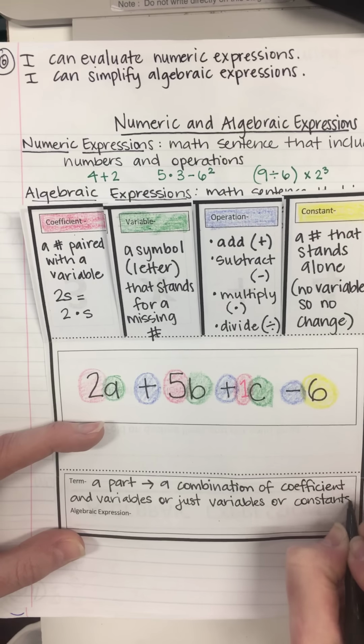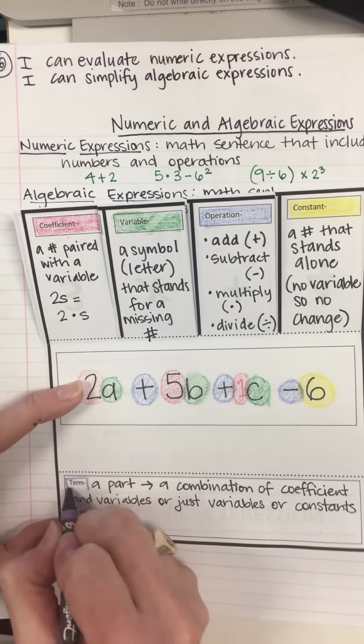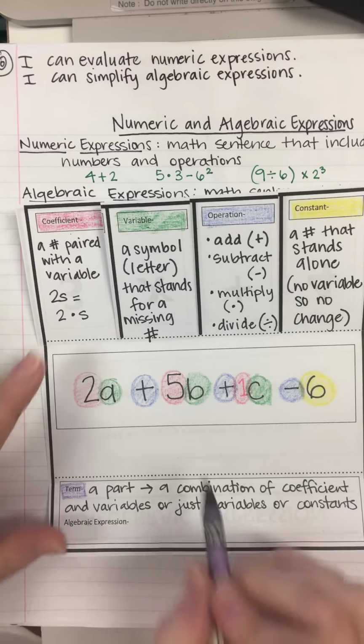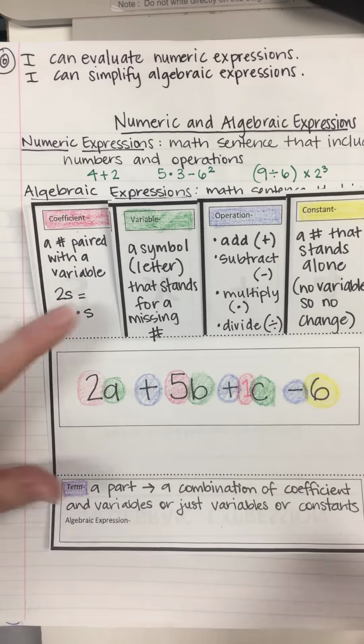So I'll let you write that down. If you need to pause the video, you can. But what we're going to do is we're going to take our purple and we're going to outline that word term. And then we're going to go back up to our example and we're going to box out the terms.